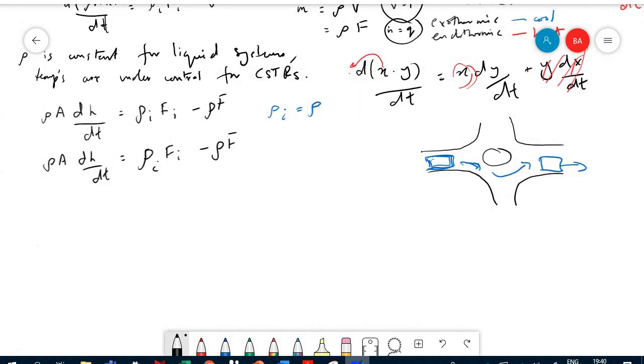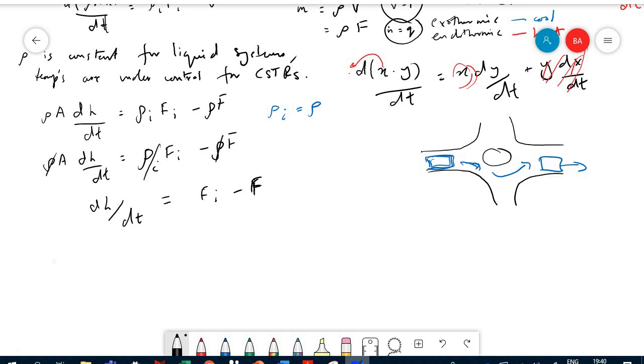So we're going to cancel out the rho terms, and the system will look like this: the height in the system will change depending on the flow rate getting in and out.